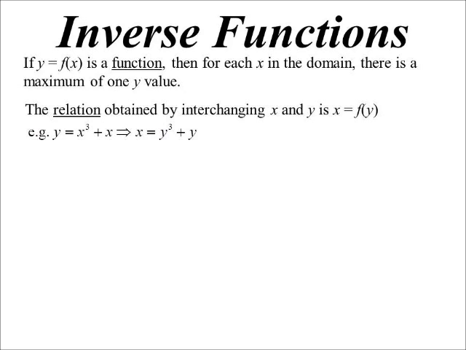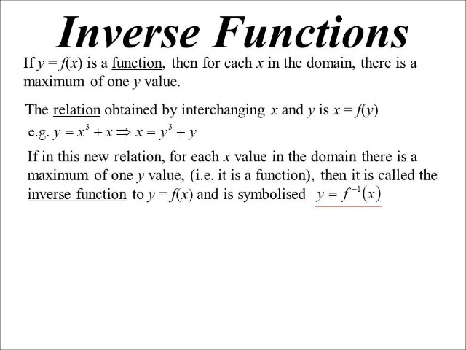But now, if this new inverse relation also satisfies the condition for a function, then it becomes an inverse function. Okay? So visually, we used a horizontal line test on the original function, because when we swap them, the x's become the y's and the y's become the x's. So the vertical line test for the function, horizontal line test for the inverse function.